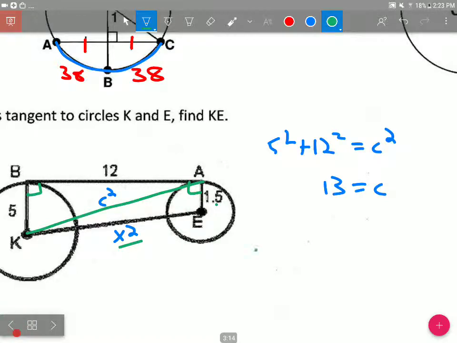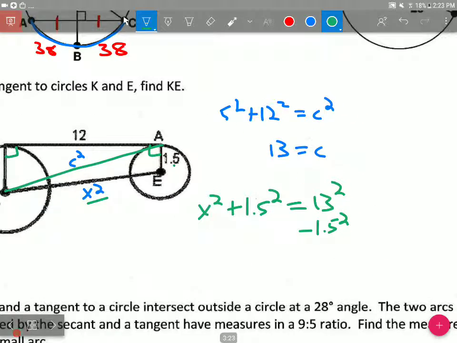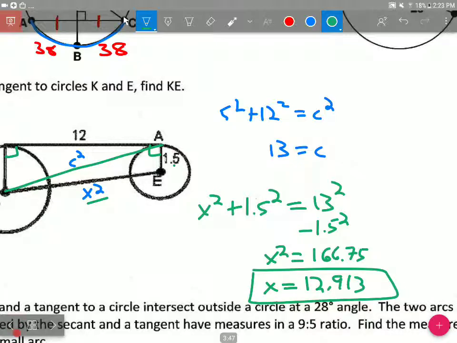So that's x squared plus 1.5 squared equals 13 squared. If I subtract the 1.5 squared, x squared equals 13 squared minus 1.5 squared, which is 166.75. I guarantee you that is not coming out pretty. That means x equals 12.913. That is K to E.